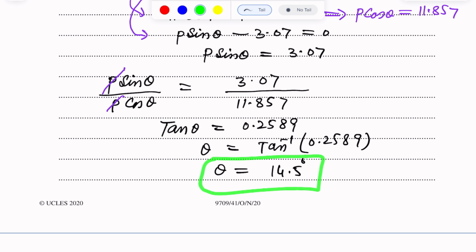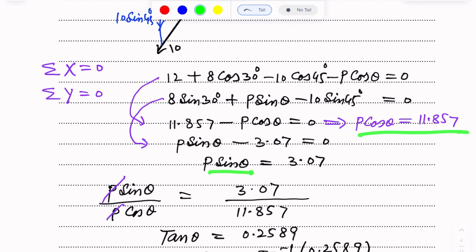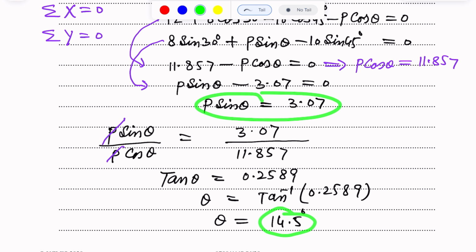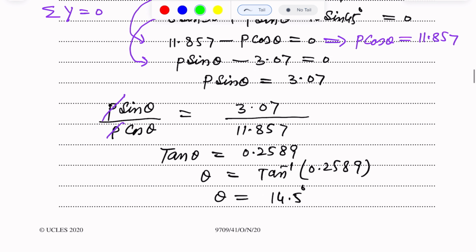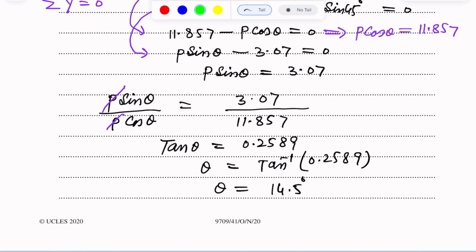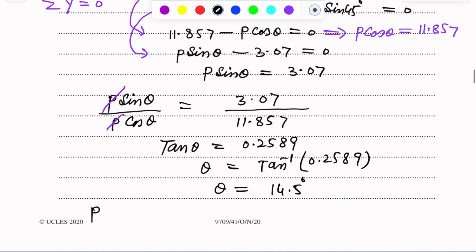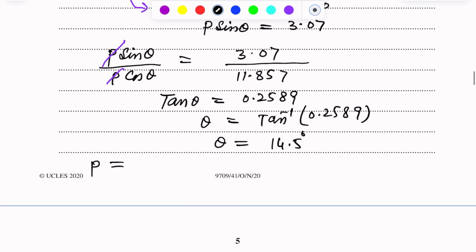Now putting this value of theta in any equation, we are putting this value of theta here. We get P, from this equation, P is equal to 3.07 over sine 14.516.